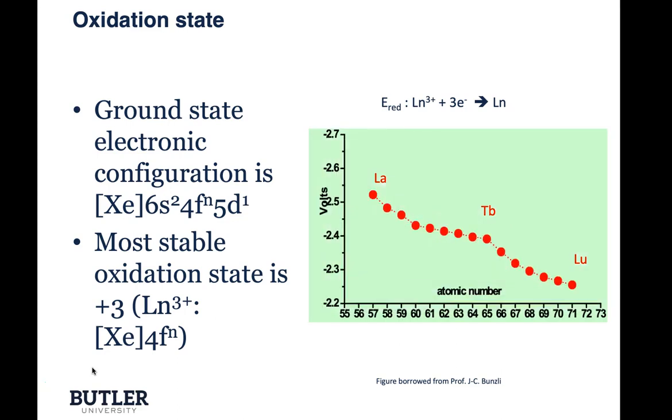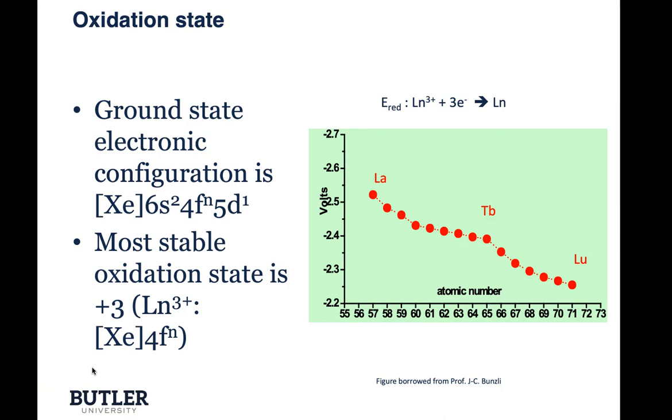And so the oxidation state, the lanthanide's ground state electronic configuration. If we go back to the periodic table and ask what the ground state is across that series, it's a xenon core, 6s2, 5d1, and then 4f. As you go across, you fill the 4f electrons. Those are the valence electrons.